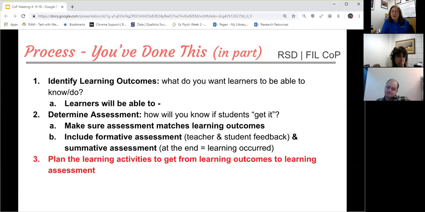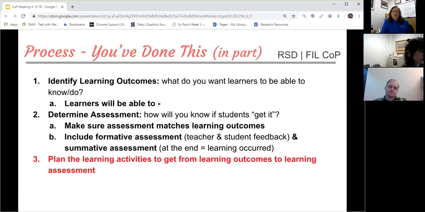For educators, that's what learning is all about: figuring out what to teach, how to teach, and then measuring it at the end. So educators will always start out with, at the end of this unit, learners will be able to, and you'll either have a change in what they know, what they can do, or how they think or feel about something.